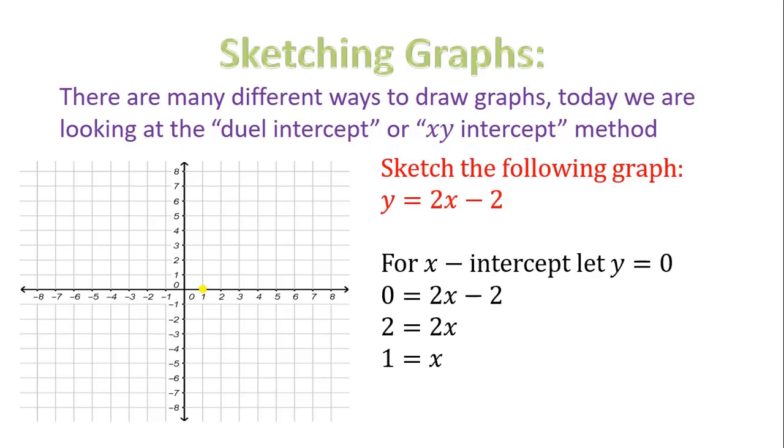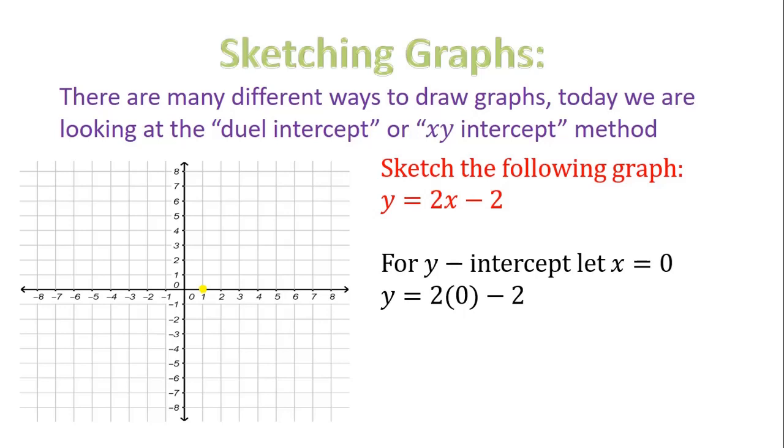1 point done. Now I need to do my second one. For the y-intercept, let x equal 0. So we take my equation, and instead of x, I write a 0, and so I get y equals 2 times 0 minus 2.